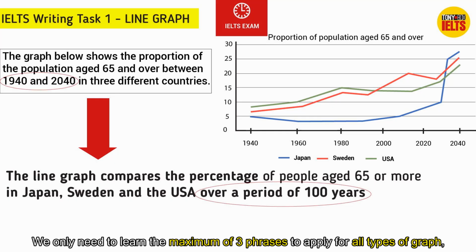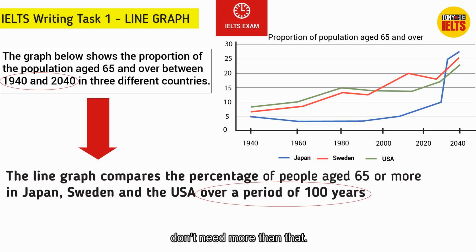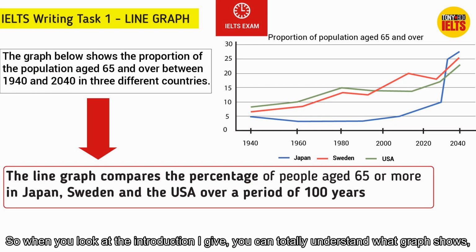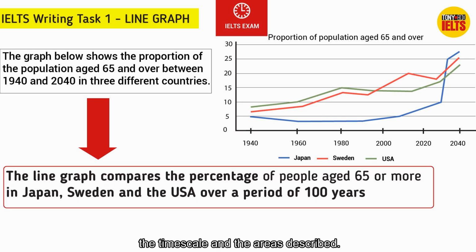We only need to learn the maximum of 3 phrases to apply for all types of graph. Don't need more than that. So when you look at the introduction I give, you can totally understand what the graph shows, the time scale, and the areas described.